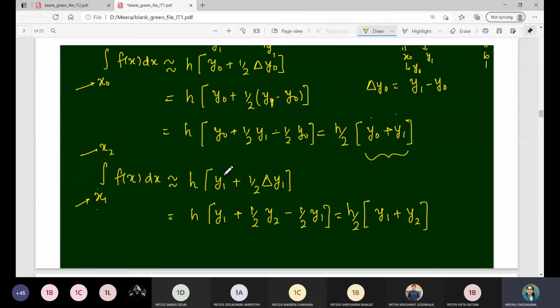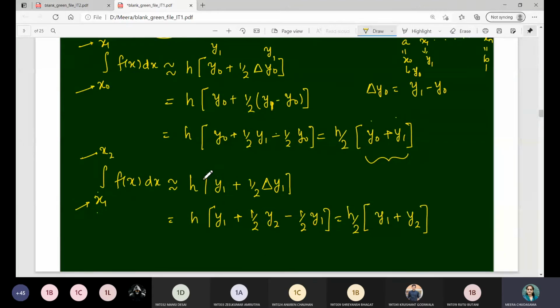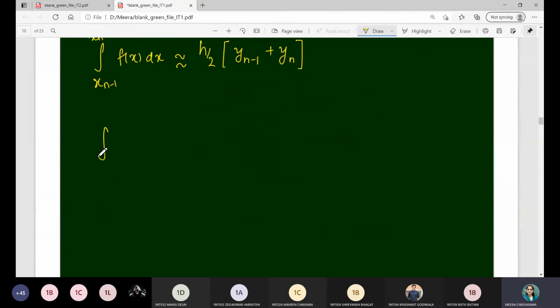So now we want to find the composite trapezoidal rule. Composite trapezoidal rule means it is a composite rule, the trapezoidal rule applied to each subinterval.